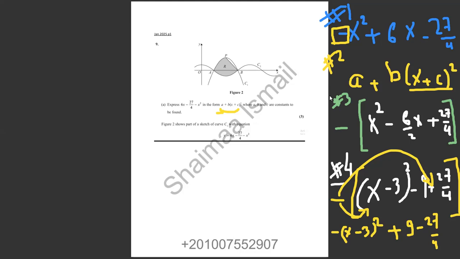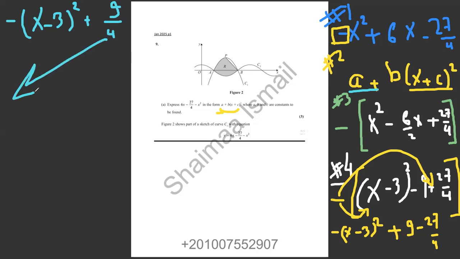Last step here, final answer. So the final answer will be minus x minus 3 squared, plus 9 over 4. Remember that he needed this form, so he needed a plus.